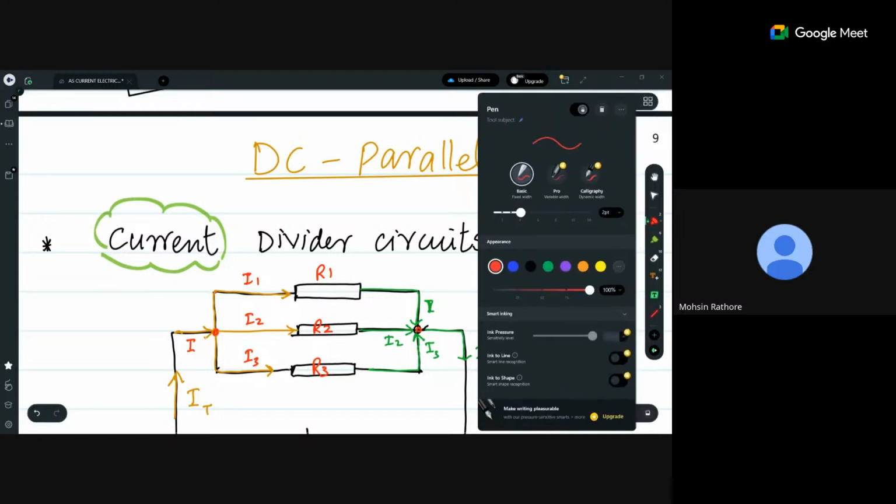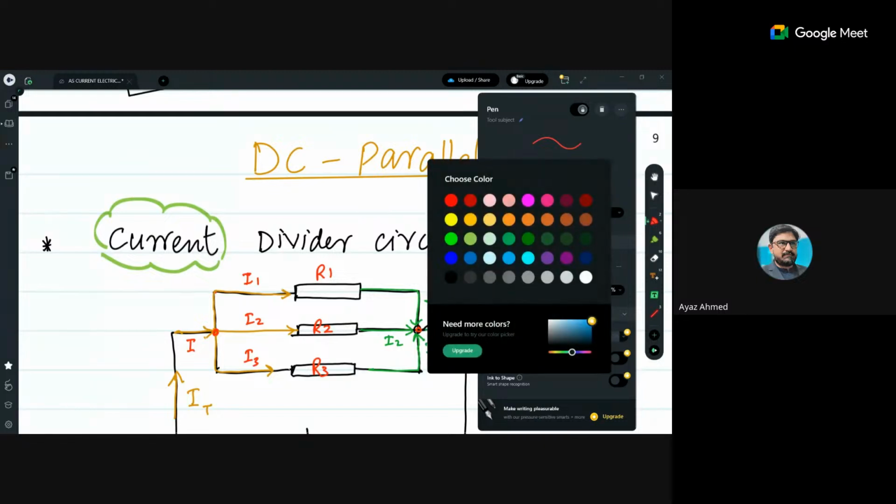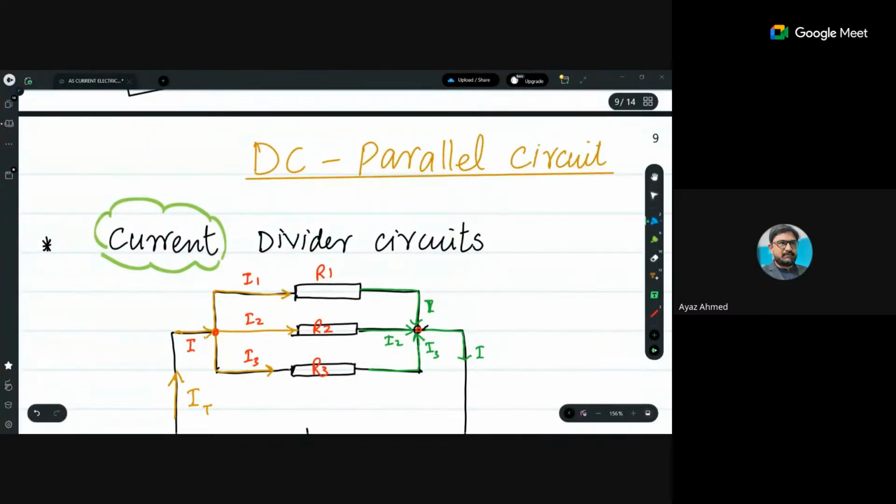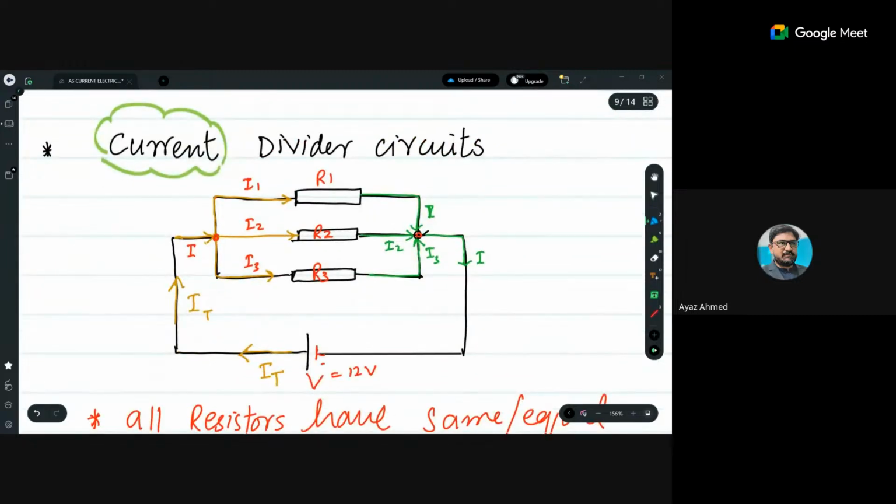Current divider circuits are those in which there are multiple paths for the current to flow through. For example, the total current I in the main stem, in the main circuit, will be divided into two, three, four parts, whatever the number of paths you provide.